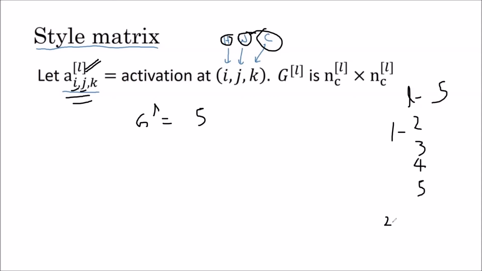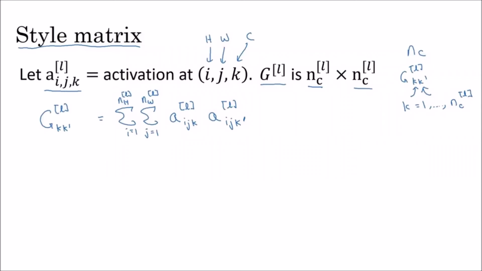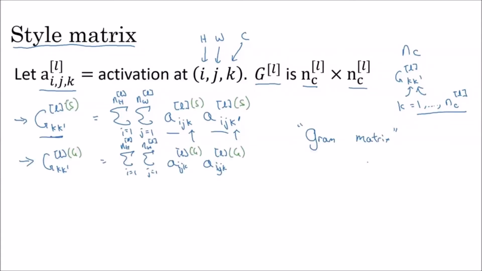Similarly, channel 2 and 3, channel 2 and 4, channel 2 and 5, and we get a 5 by 5 matrix. So this style matrix is an NC by NC matrix. It is nothing but multiplying the activation units of one channel with the activation units of another channel. So this is the style matrix for the style image.